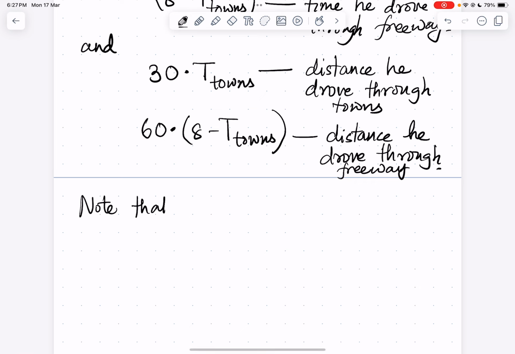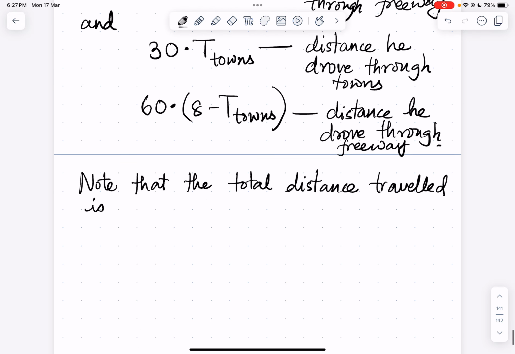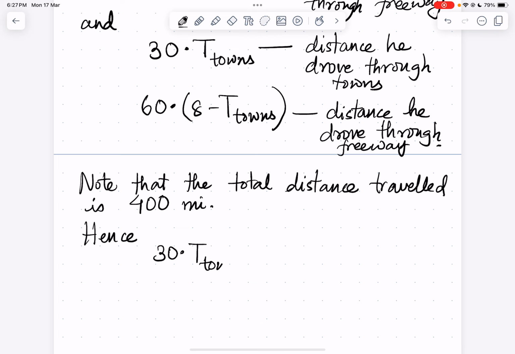Note that the total distance traveled is 400 miles. Hence 30 times t towns plus 60 times 8 minus t towns equals 400.